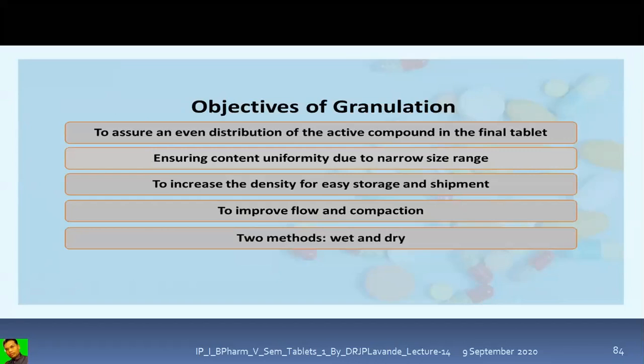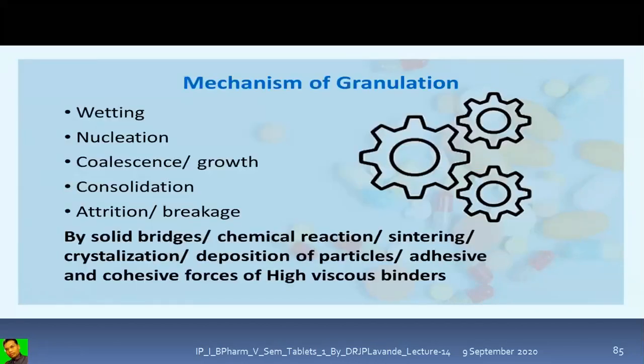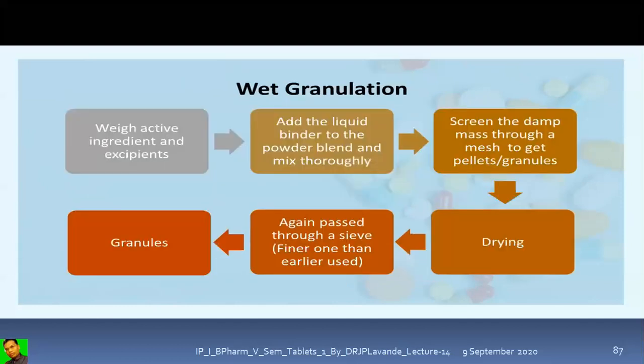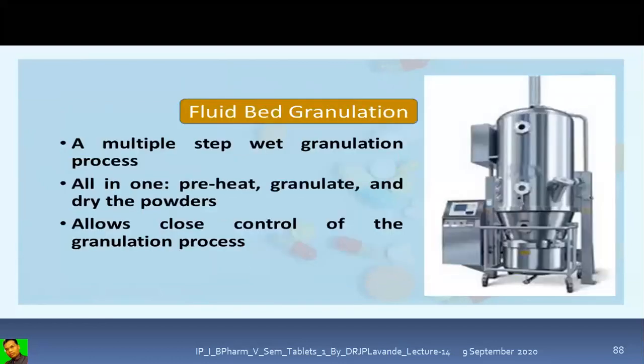We saw the objectives of granulation, and the mechanism of granulation, which involves wetting, nucleation, coalescence, growth, consolidation, attrition, breakage. Then we saw how the tablet is produced through the wet granulation process, which requires different stages: mixing, addition of the binder, then drying, then sieving, for getting the granules.